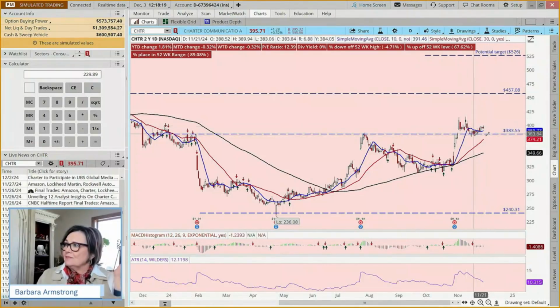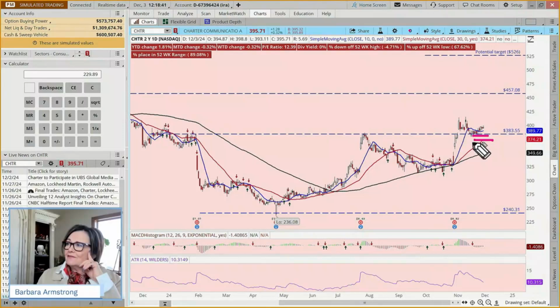Could I maybe come down here and sell a short put vertical below this? Below this 383 mark, would I get enough premium for it to be worth my while? And when we sell a put, we're agreeing to buy the stock at that price.